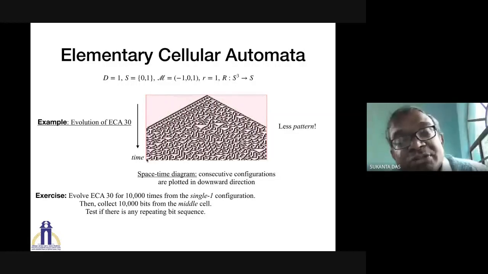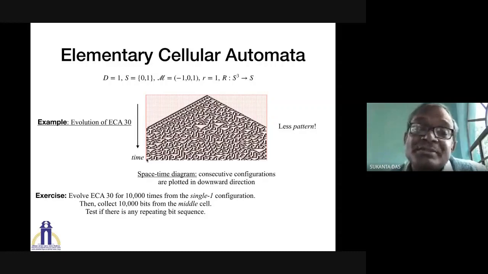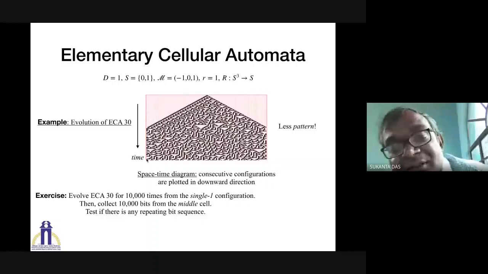Even if you run 10,000, 1 lakh, 1 crore, 1 billion, the result will continue. What is the result? The sequence of bits doesn't repeat. You'll always get a unique sequence.